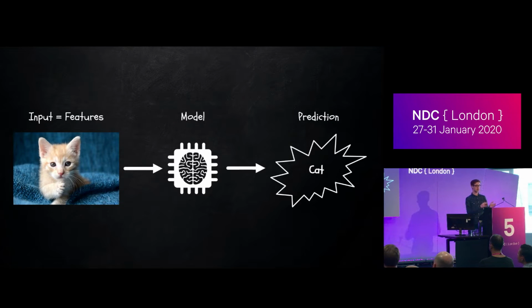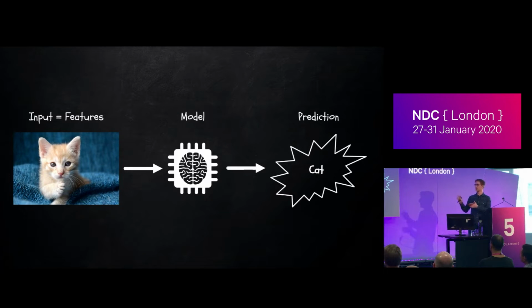Now, if we take a picture of a random animal from the internet, and apparently a random animal from the internet is a cat, put that into the trained machine learning model, out comes the label cat. So we take an input into the model, and out comes an output, or out comes a label.